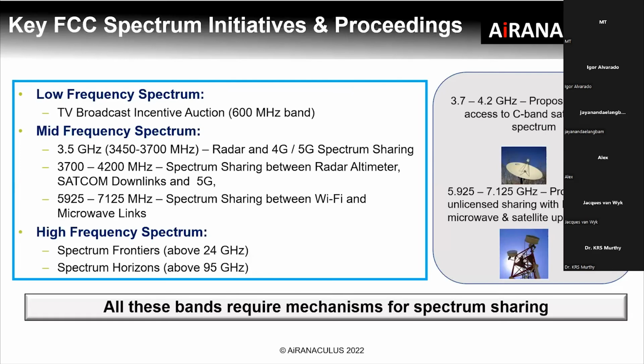So if you look at the recent auctions, last 5 years, as well as the next auctions, all bands require spectrum sharing because the US is kind of unfortunate, right? United States is one of the developed countries, and so our spectrum usage is pretty dense, and everything is accounted for.